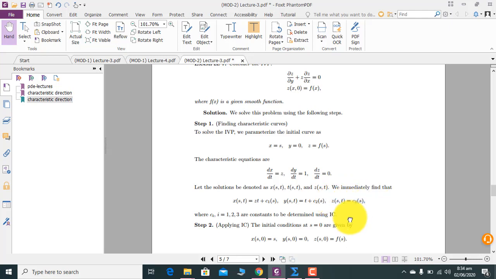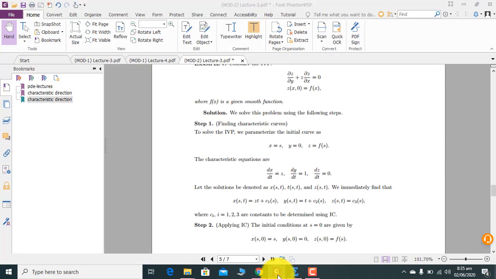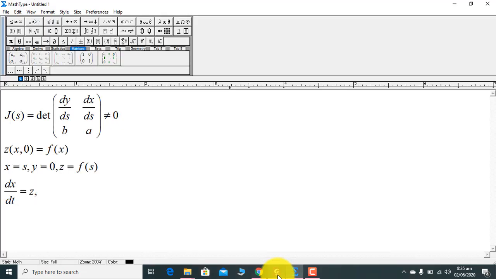Very importantly, the characteristic equations are not like that. I am sorry, I have written them in a not very suitable form. I am writing there, dx over dt is a, and a is your z, and similarly dy by dt is b.